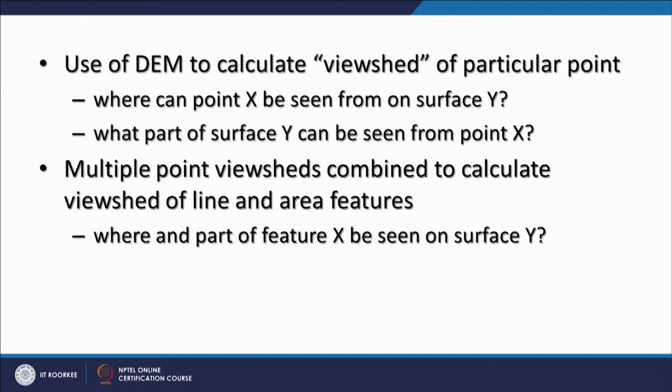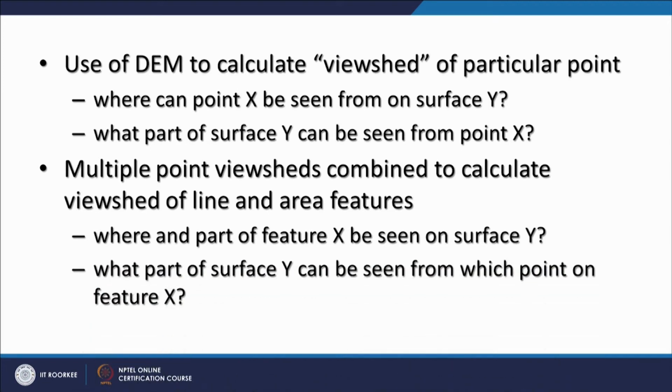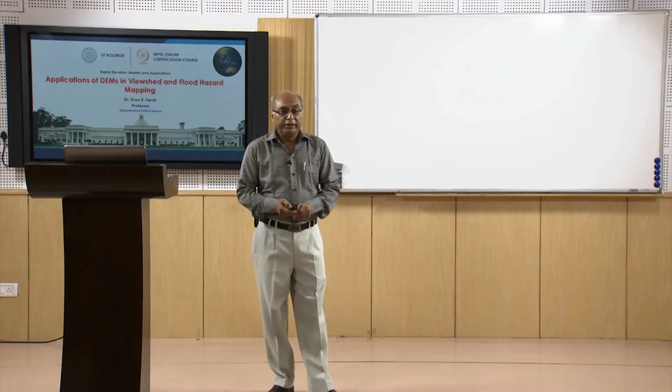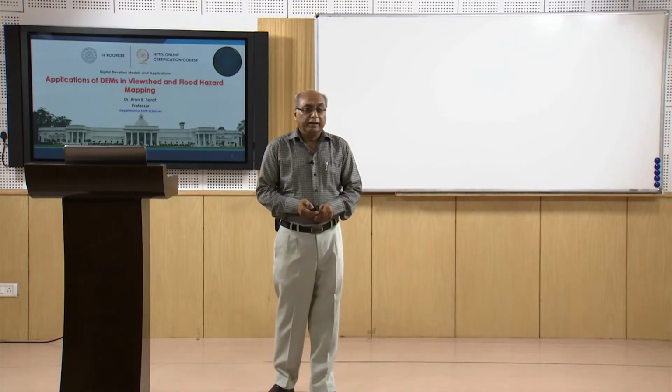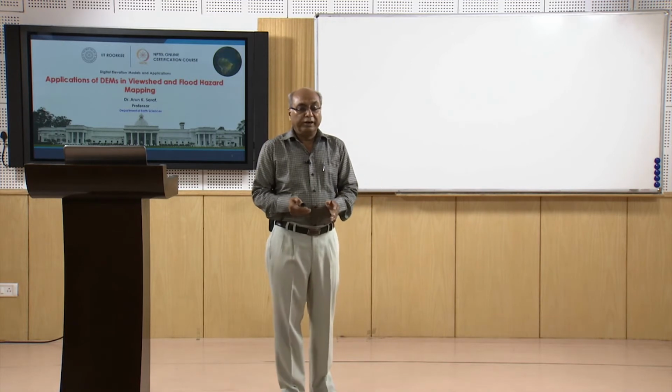where we ask which part of feature X can be seen on surface Y, and what part of surface Y can be seen from which point on feature X. When we involve multiple points, the analysis becomes a little complicated, but it does not matter. This can be achieved quite easily.